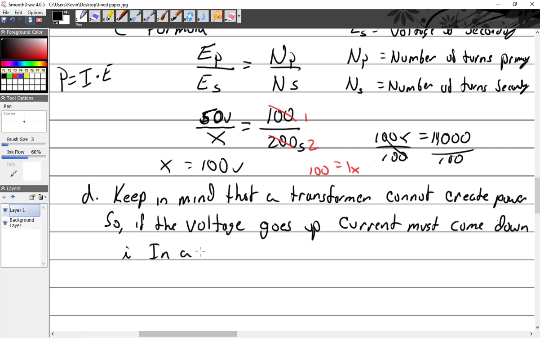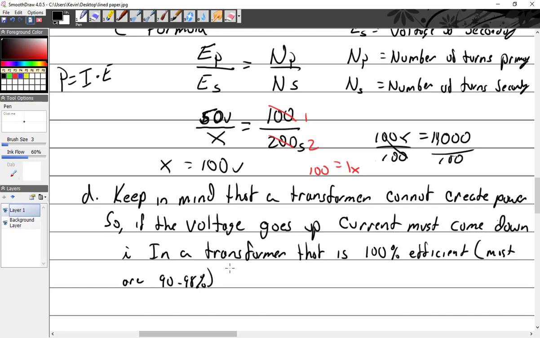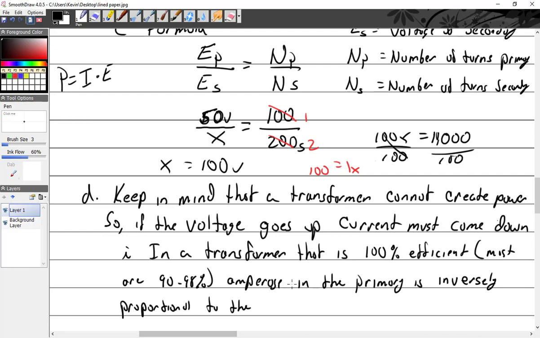In a transformer that is 100% efficient, which is not, most are 90 to 98, which isn't bad, amperage in the primary is inversely proportional to the amperage in the secondary.